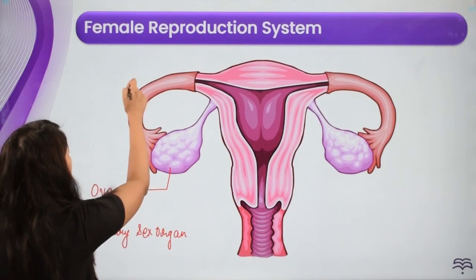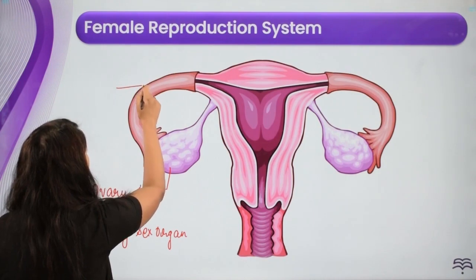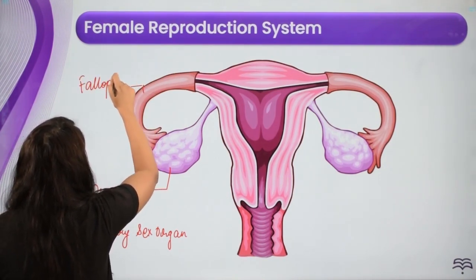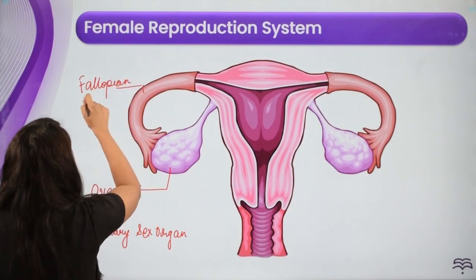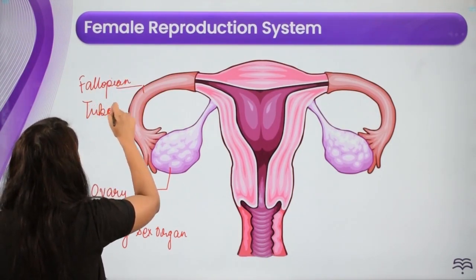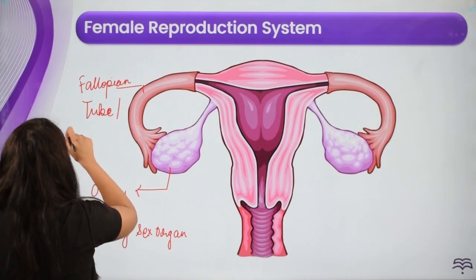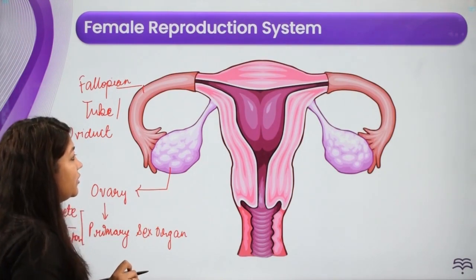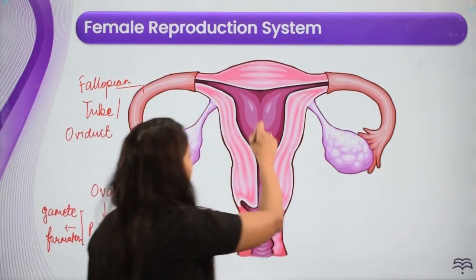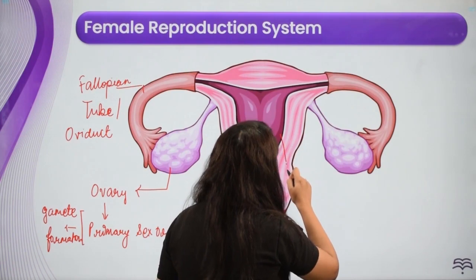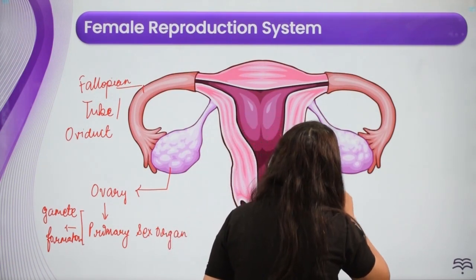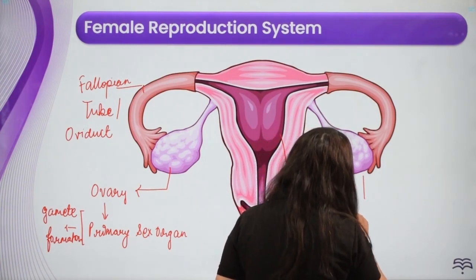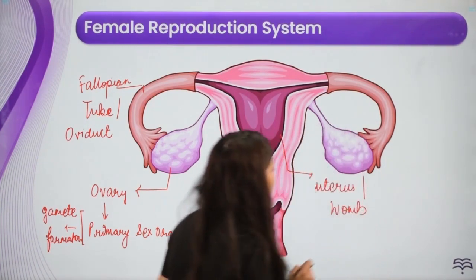Then next we can see here a tube-like structure. What is this tube-like structure? This is the fallopian tube, or it is also called the oviduct. Both the names are important. Then the oviduct is opening into this structure which is called the uterus, or we also call it the womb.